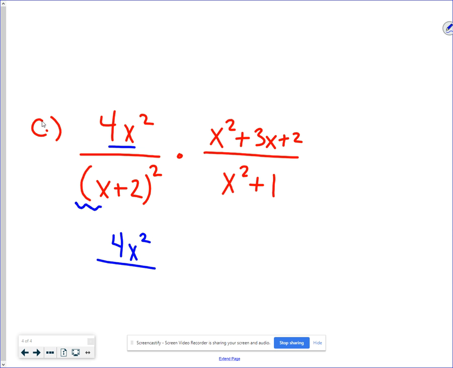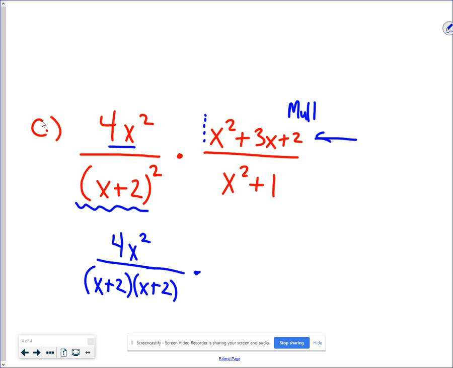Here we got the quantity x plus 2 squared, so I can rewrite that as the quantity x plus 2 times the quantity x plus 2. It's easier to think of it this way. You could have left it as the quantity x plus 2 squared. And now we need to factor my numerator here. Well, we got a leading coefficient of 1. We ask ourselves what multiplies to be 2 and adds to be 3.